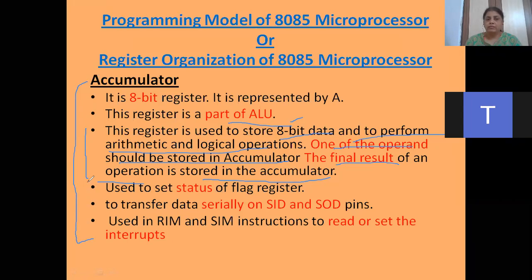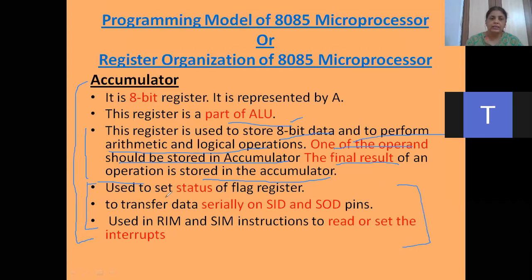Now these three functions will be new for you, as we have not studied these topics. But once we complete all these topics, it will be very clear to you what I have written here. I have written it just to complete this topic, but once you complete this chapter, you will understand the other functions of the accumulator.